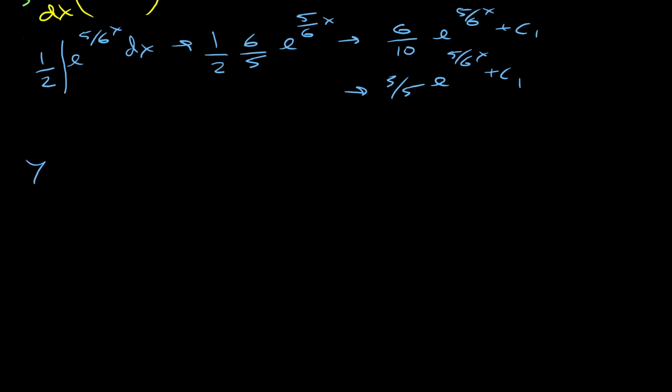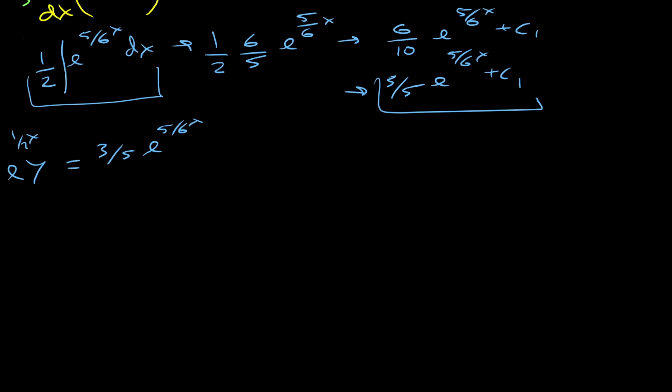So now we have the expression, and initially we had e^(1/2 x) times y equal to the whole integral that we were trying to figure out, and now we have 3 divided by 5 e^(5/6 x) plus c1. So all we need to do now is get this out and get this one at the bottom.